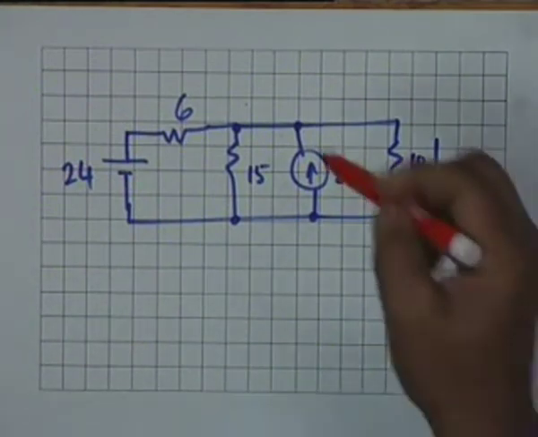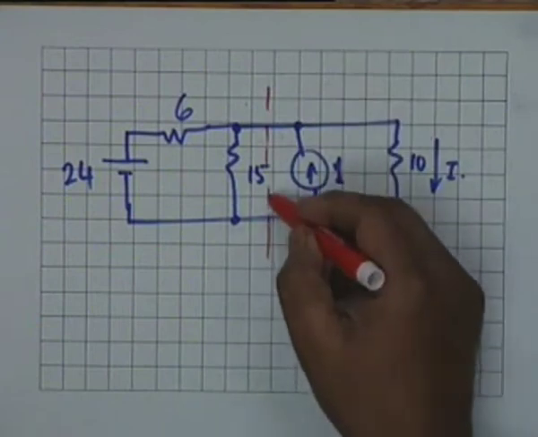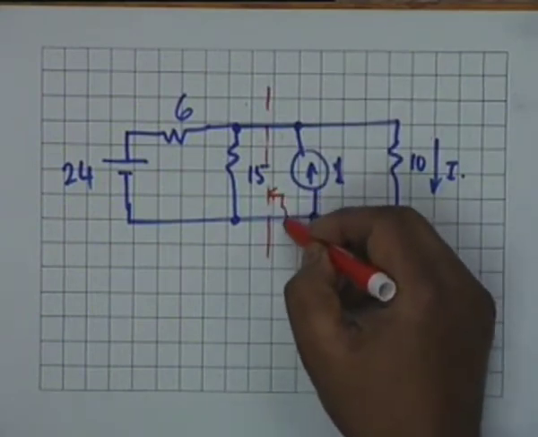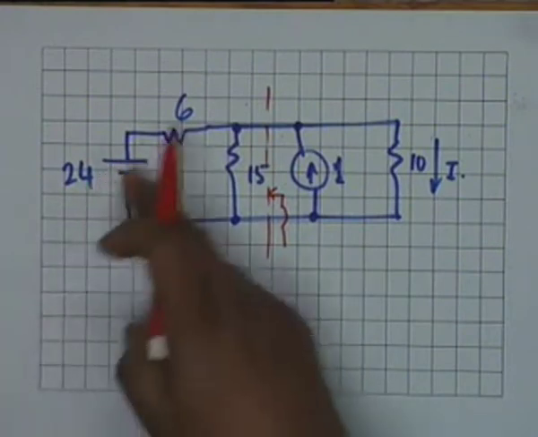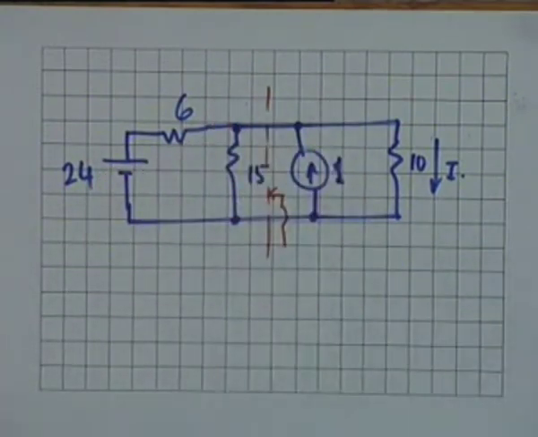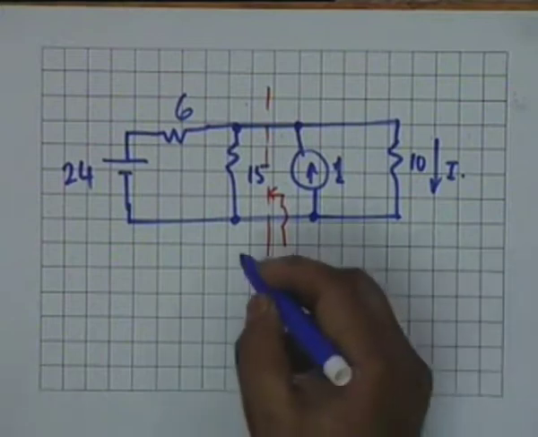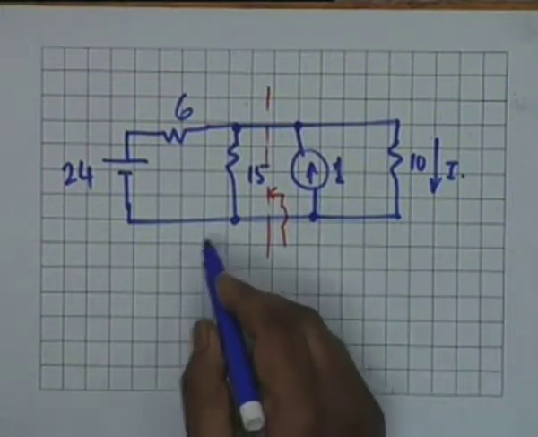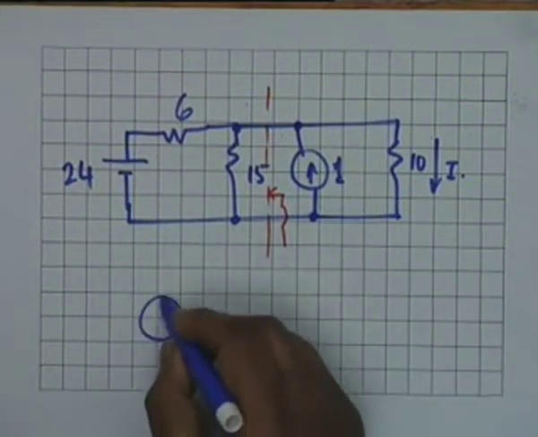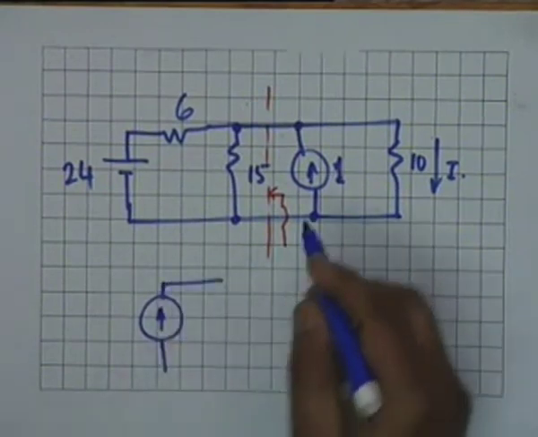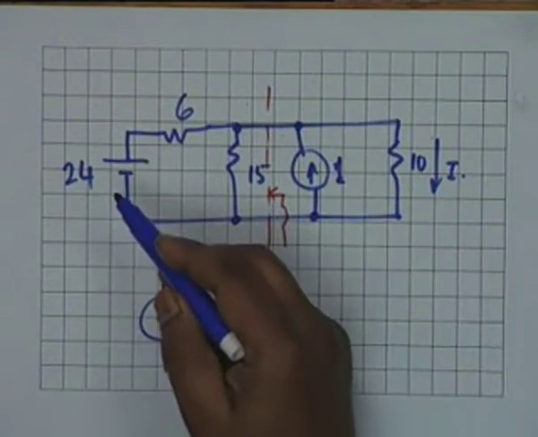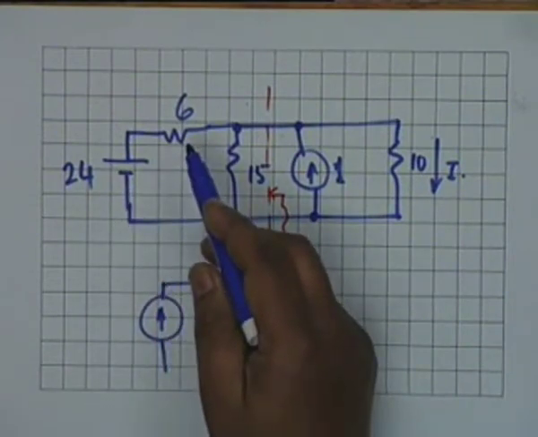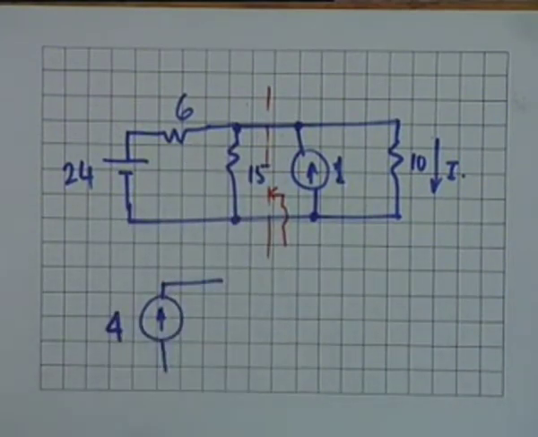If we apply Norton's theorem to the left of this line, that is the voltage source in series with a resistance, then in shunt with another resistance, you can easily see that the short circuit current, if I short circuit these two terminals, would be 24 divided by 6, which is equal to 4 amperes.